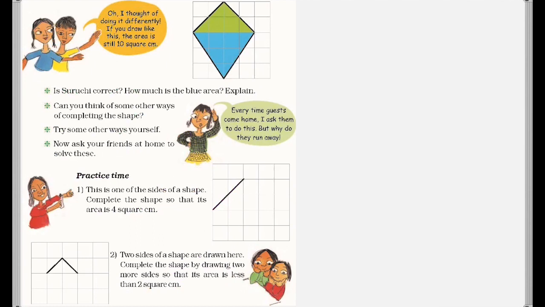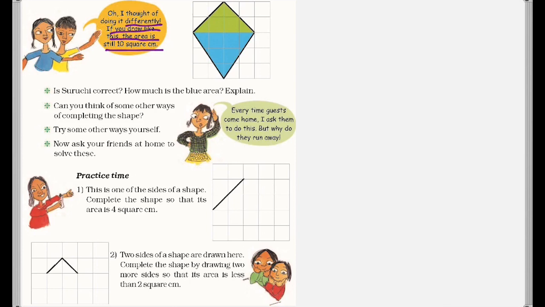Now moving ahead, oh, I thought of it differently. If you draw like this, the area is still 10 square centimeter. So do you think Suruchi is correct? Then you need to explain how much is the area of the blue one.